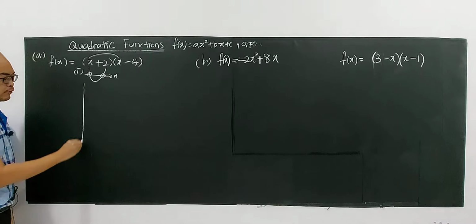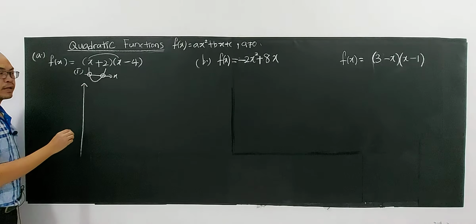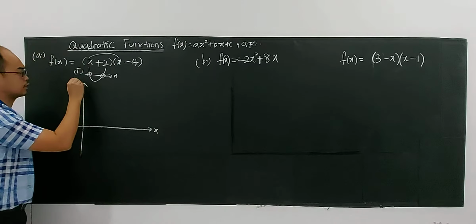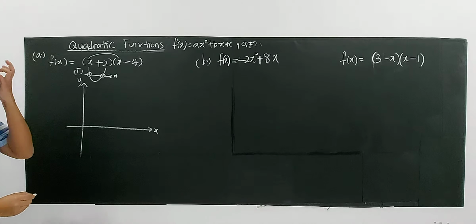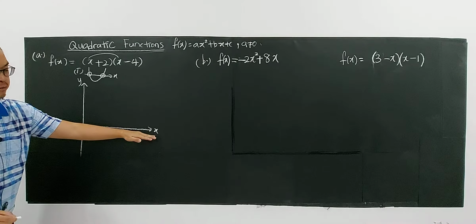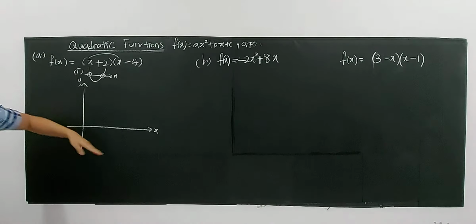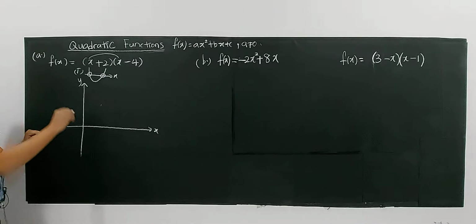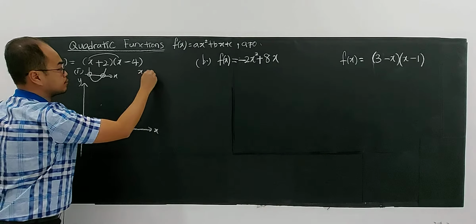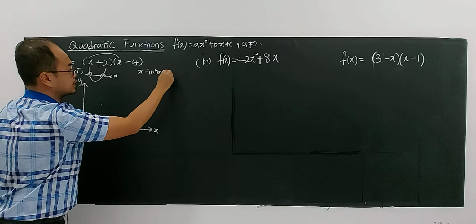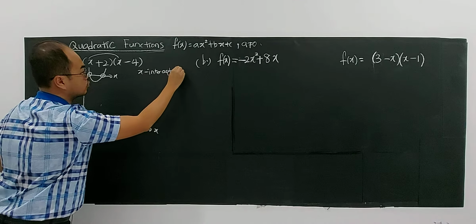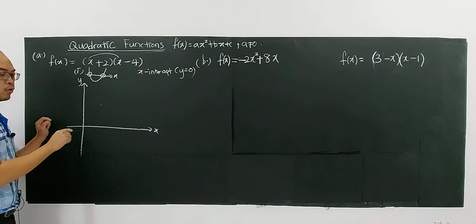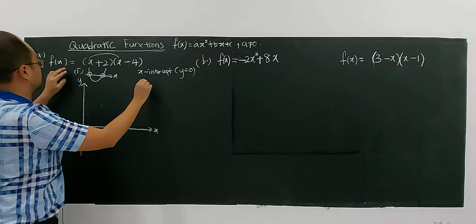Now we're going to teach you how to find the domain and range for this type of graph. So you sketch the x and y axes. You know the graph is open upwards, but there are many locations it could open. So you have to find the x-intercept. The x-intercept refers to y equals 0, along the x-axis the value of y is always 0.